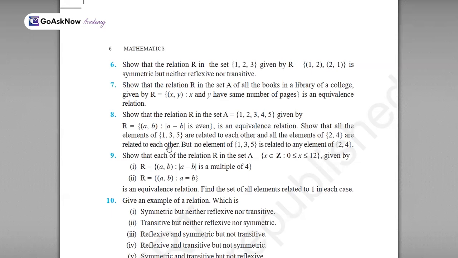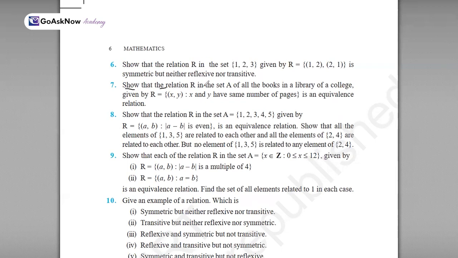So I will tell you question seven now. So what is question seven telling?